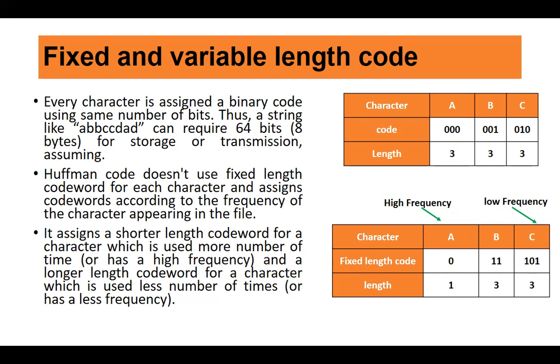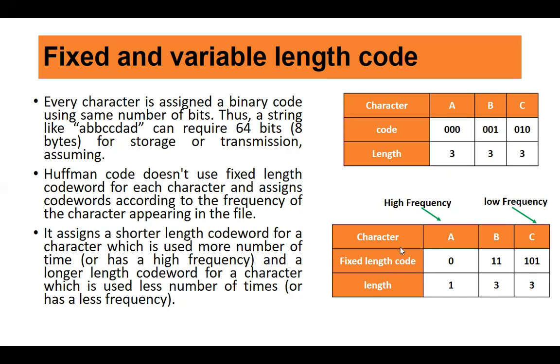So what does variable length code mean? It depends on the frequency of the character appearing in the file, right? It assigns a shorter code word to a character which is used more number of times, that is, has high frequency, and a longer code to a character which is used less number of times, that is, has low frequency.